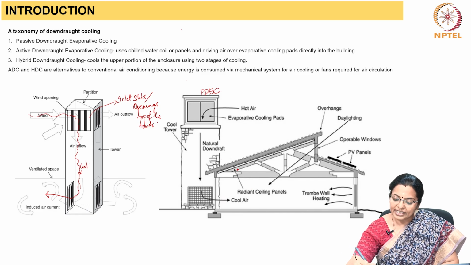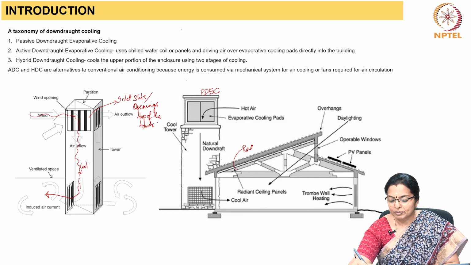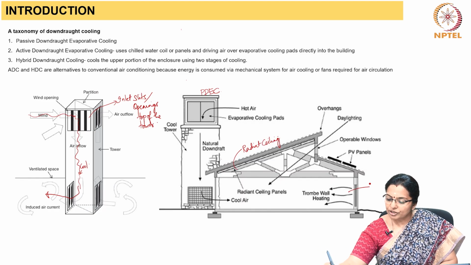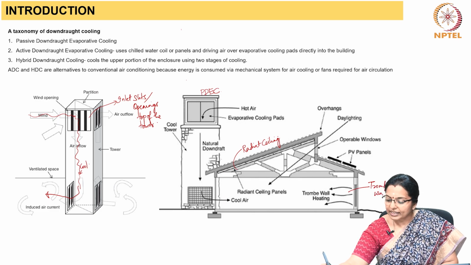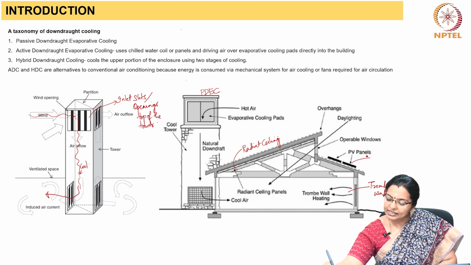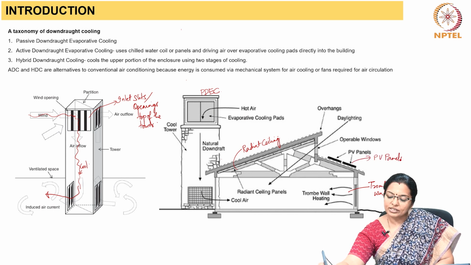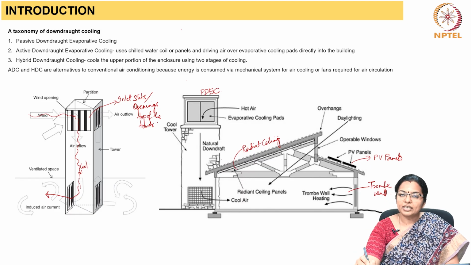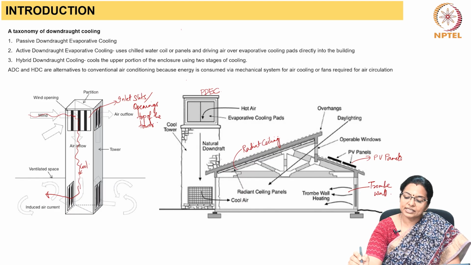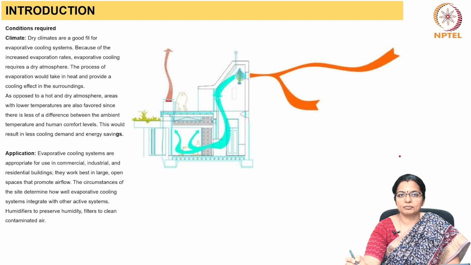Then there are radiant cooling panels, which we will be studying later, and there is a Trombe wall for heating, which again we will be seeing in another class. And there are PV panels. So this demonstrates that multiple advanced passive techniques can be used in a single building to achieve the desired result.